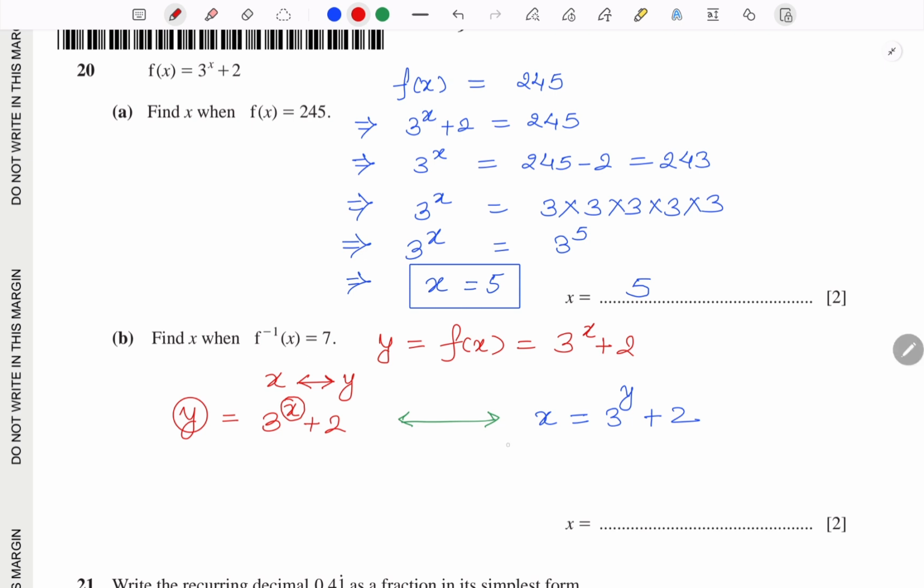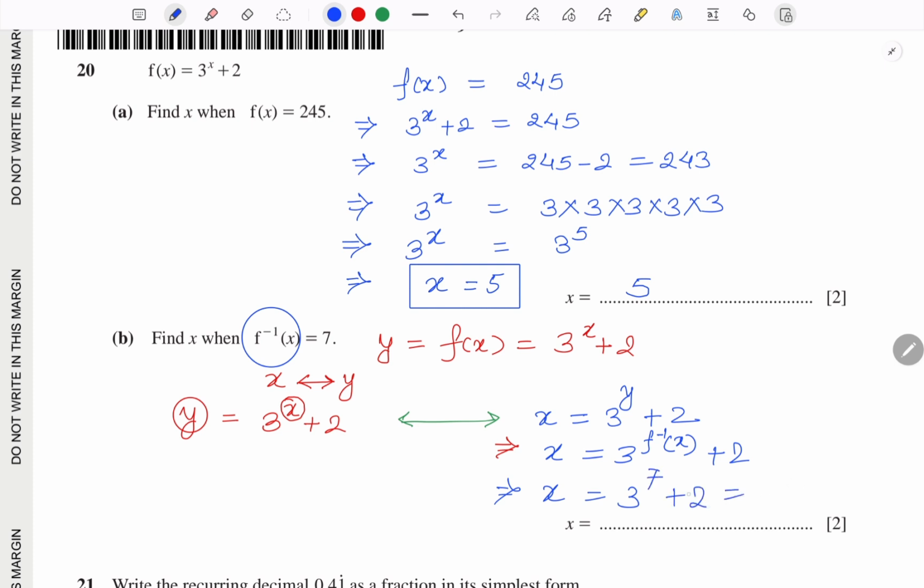From here, you can see that the value of f inverse x is already given as 7. So this y can be written as f inverse x, and x is equal to 3 raised to the power of 7, plus 2.